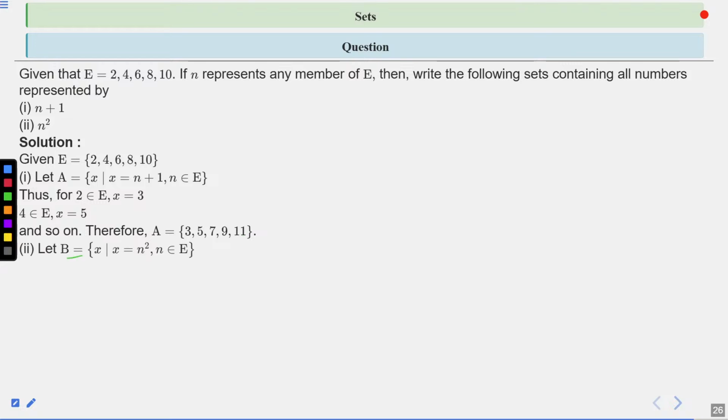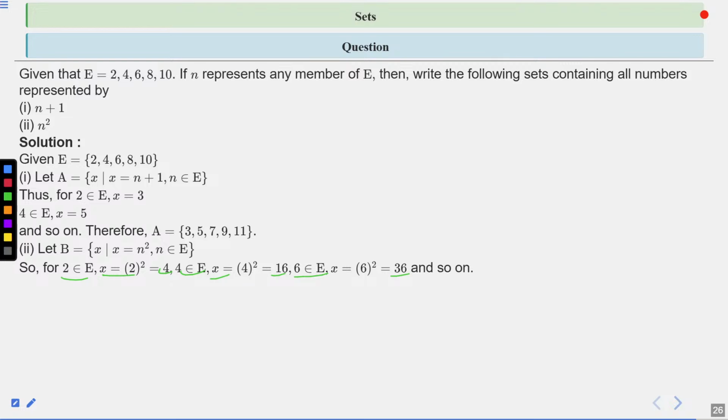Now for B, the collection of all x such that x is of the form N square and N belongs to the set E. So 2 belongs to E, meaning x is 2 square, which is 4. 4 belongs to E, meaning x is 4 square, which is 16. 6 belongs to E, meaning x will be 36.